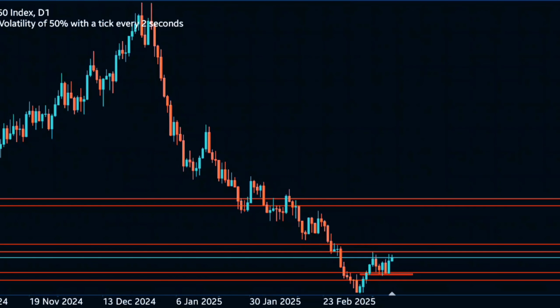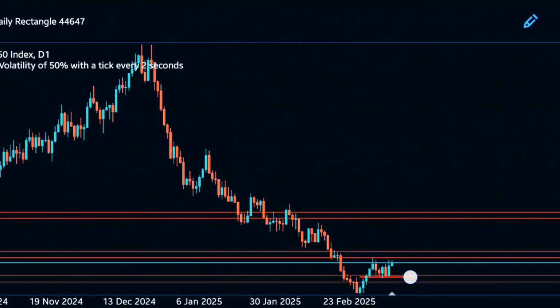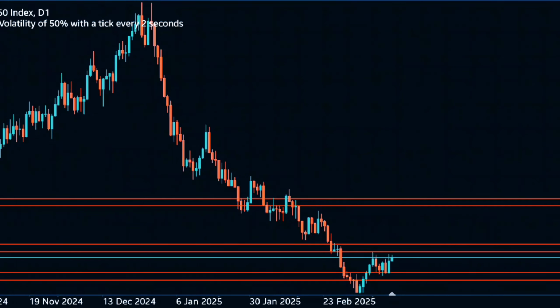On the daily, I thought I removed this. As you can see, we are bearish. You can see lower highs, lower lows, lower highs, lower lows, and lower high.